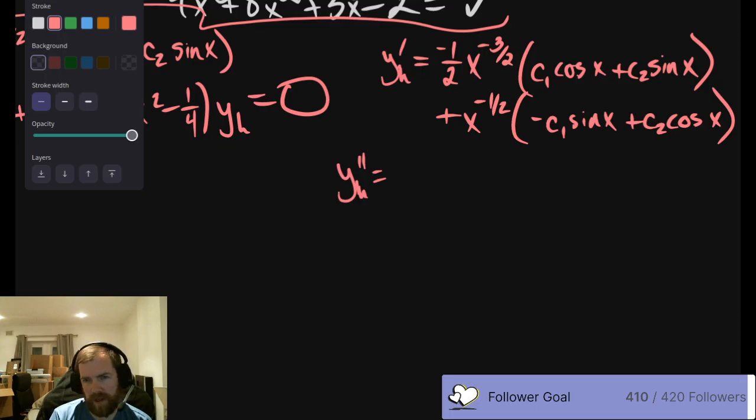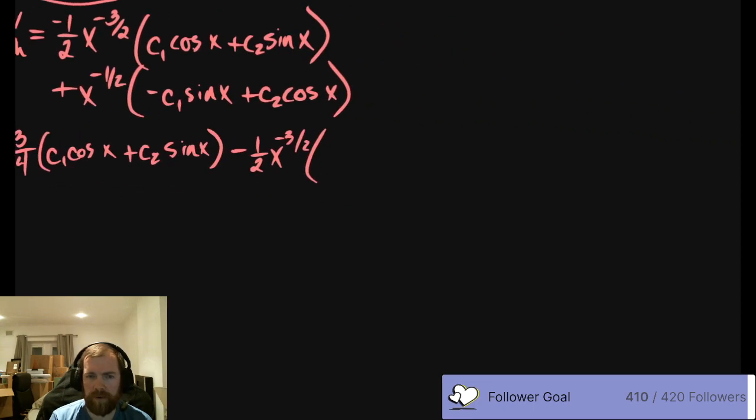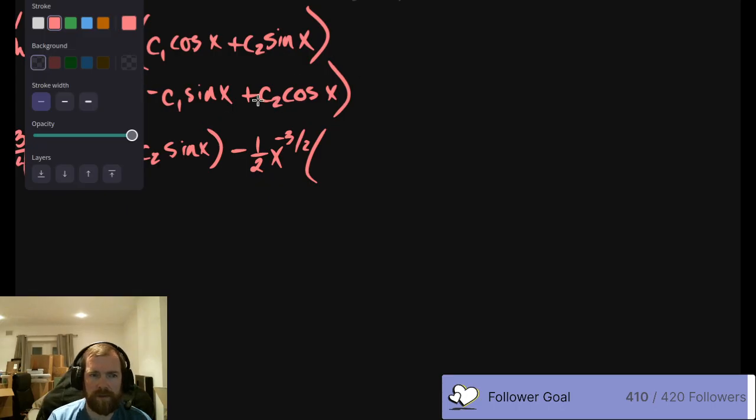This is going to get you a positive 3/4 times c1 cosine x plus c2 sine x, minus a 1/2 x to the negative 3/2 multiplied by, and then we get the same middle part that we had in this part here. So negative c1 sine x plus c2 cosine x.